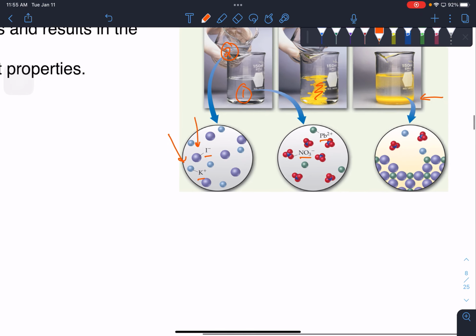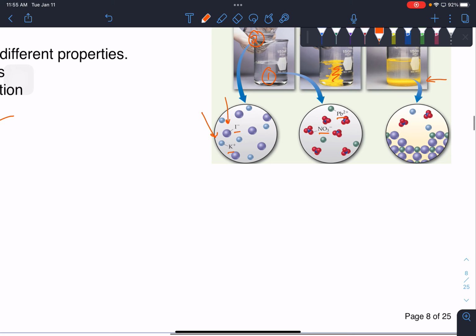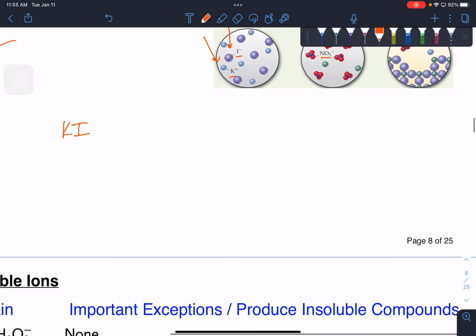Let me get the molecular formulas down here on the reactant side. There is the potassium iodide, and then the lead nitrate would be written in this fashion, with a 2 as a subscript on the outside of the NO3 polyatomic formula.